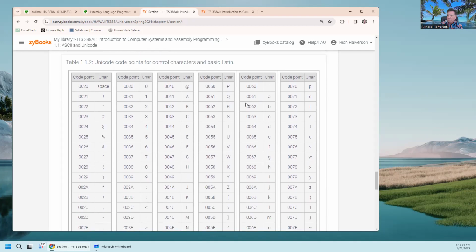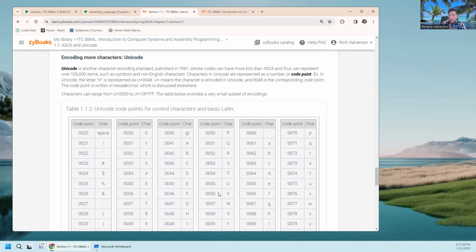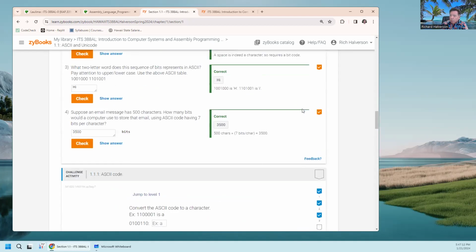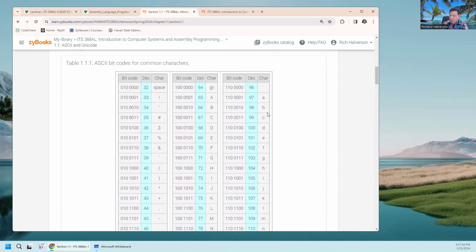It's similar, like capital A is still, this is hexadecimal, isn't it? Yes, this is hexadecimal. See, it goes up to F, but anyway, that's 41. It's still the same as up here. A is 41.